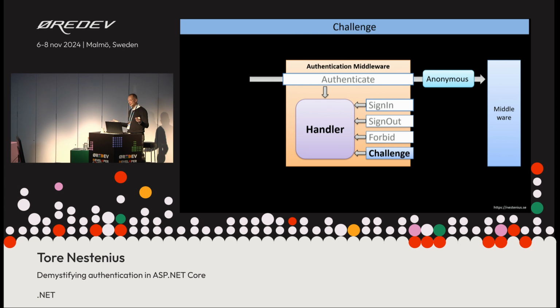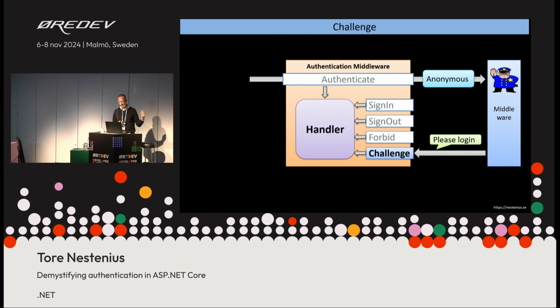You're anonymous. In that case, if you need to be authenticated to access a given resource, then your logic can choose to challenge the user to ask him to please go and log in somewhere. And in our case, if we use a cookie handler, it will redirect you to the login page. So those are the 5 very simple operations that the cookie handler does for us in our case.